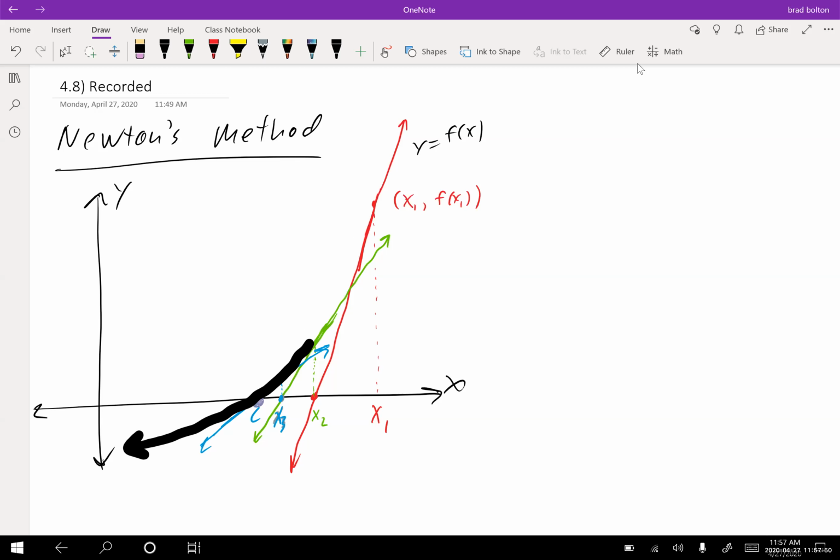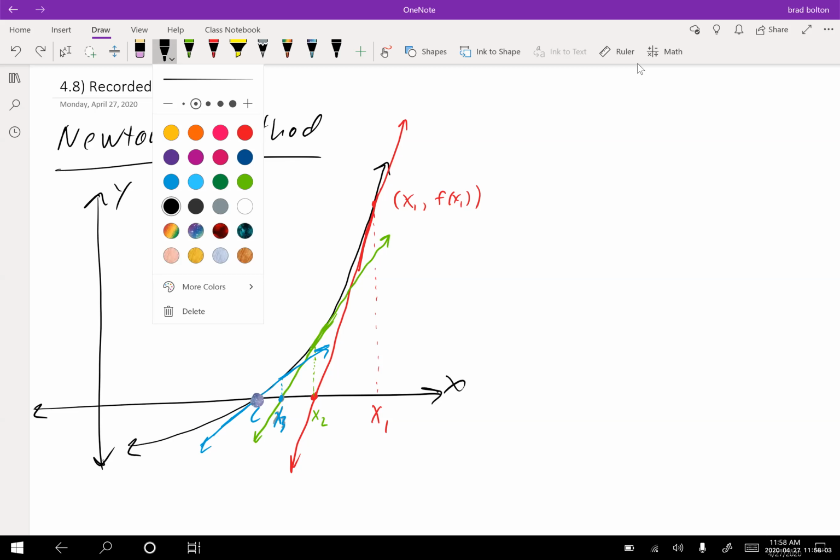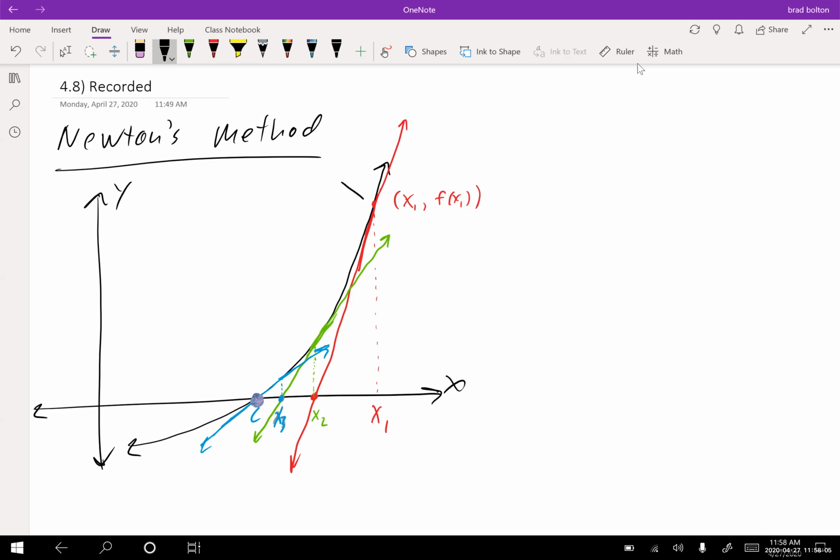So let me backtrack a little. Maybe I shouldn't have used that big marker in hindsight. Okay, so this line is my f of x. So we have this curve, and on the curve, we have all these points that we're calculating.